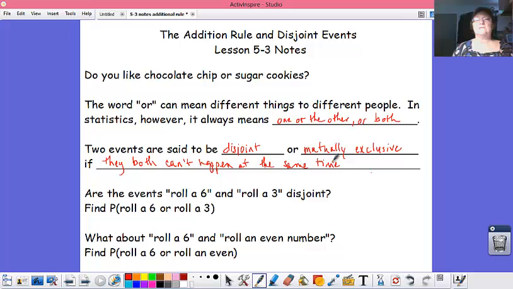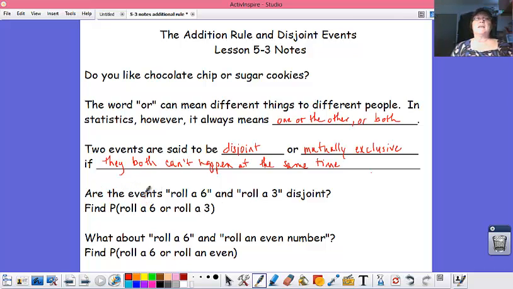So if you go back to the cookie question, those are not disjoint, folks, because people can like both chocolate chip and sugar cookies. So not disjoint up there.